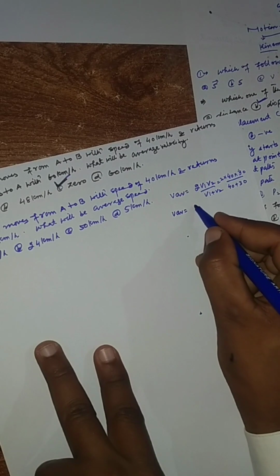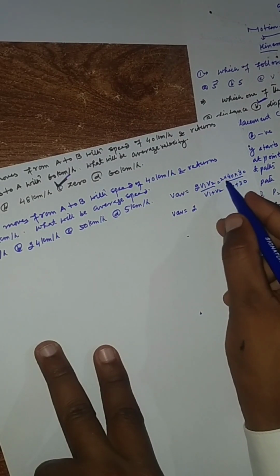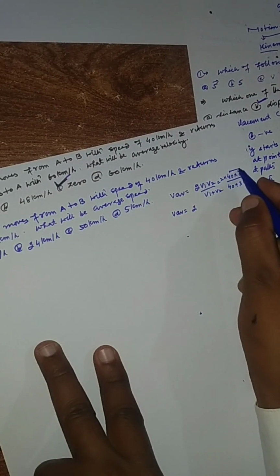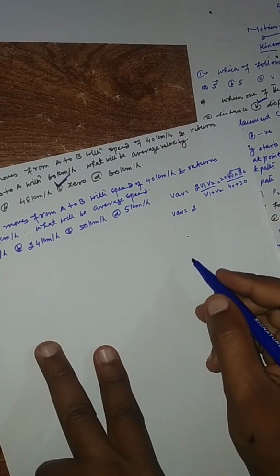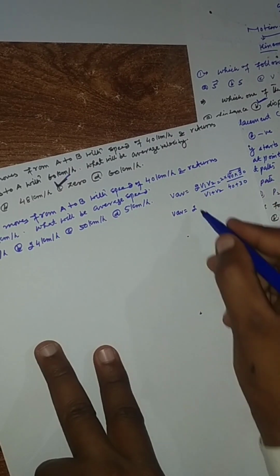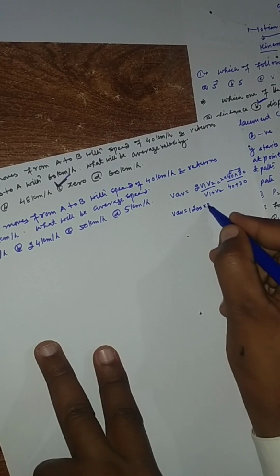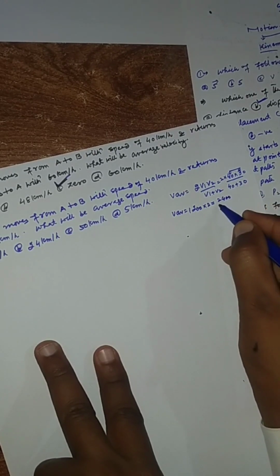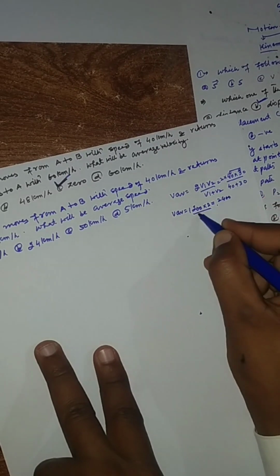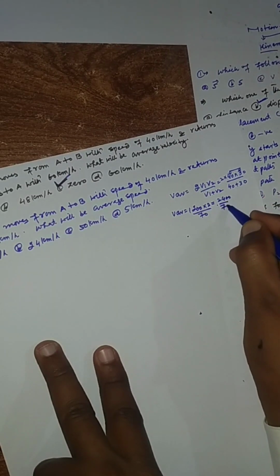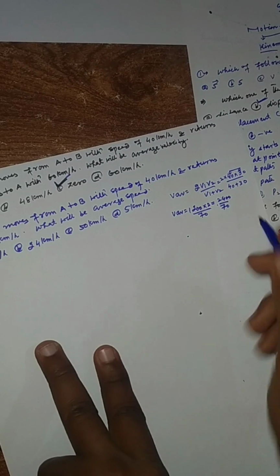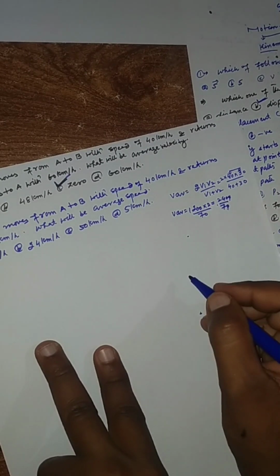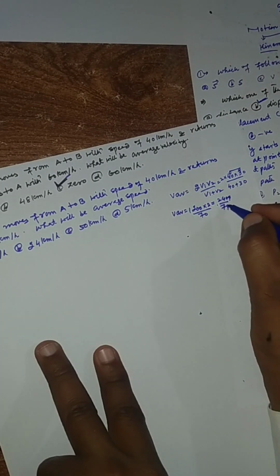So this will be 3 into 4 is 12, this will be 1200 into 2. This will be 24 over 70, so this gets cancelled.